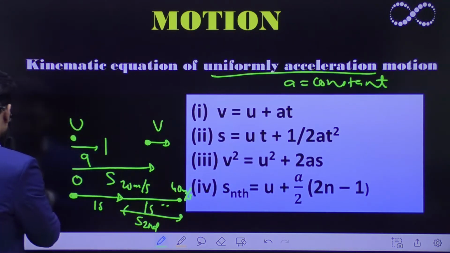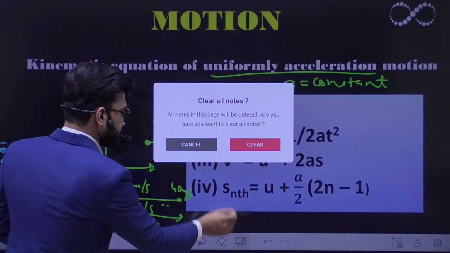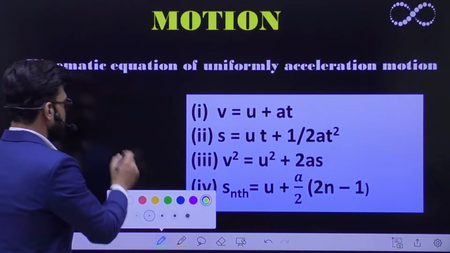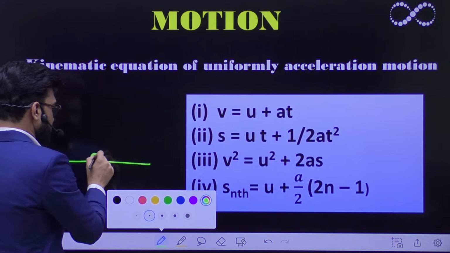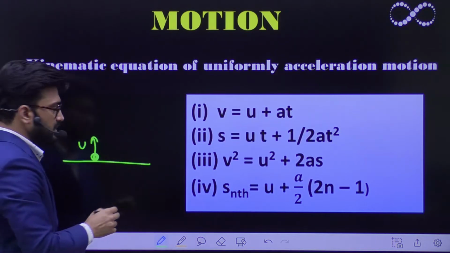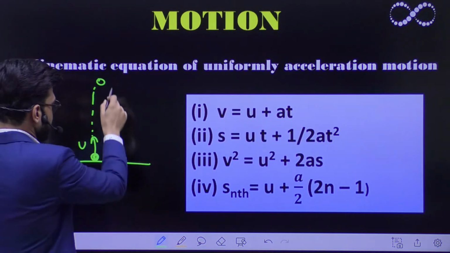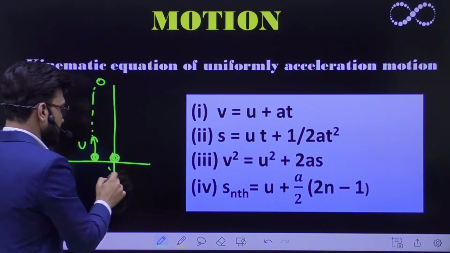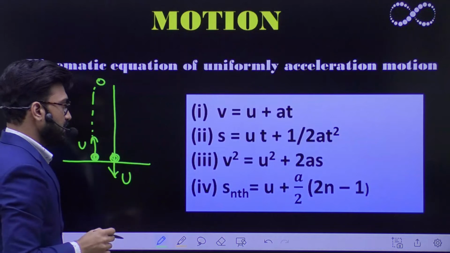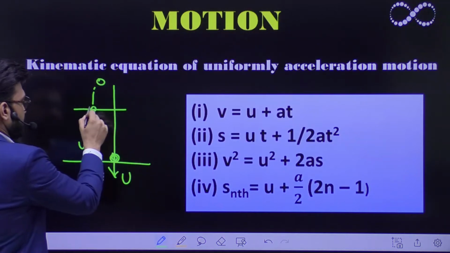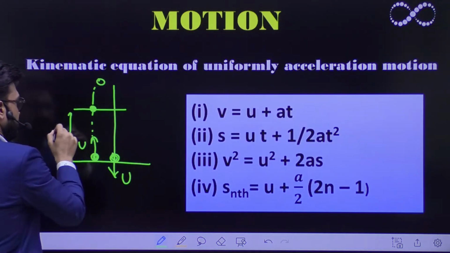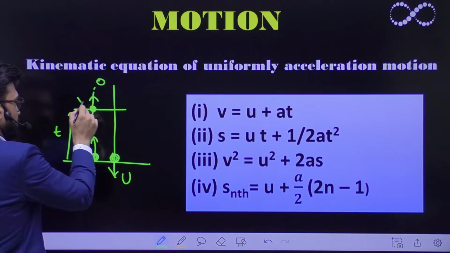So during vertical motion, we know that suppose u is the speed with which it is thrown, and it will move to its maximum height at which its speed becomes 0. Again, it will fall down and it will hit the ground with the speed of u only. At any certain time, suppose t is the time traveled, at this point its velocity becomes v.